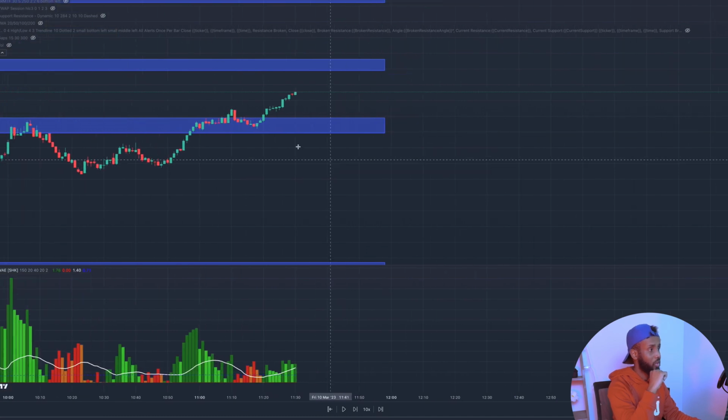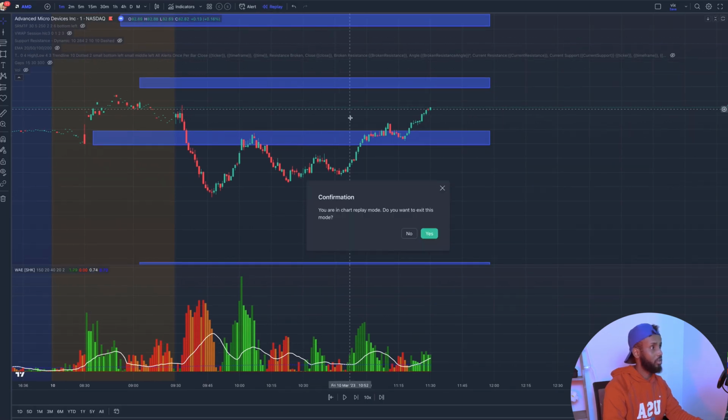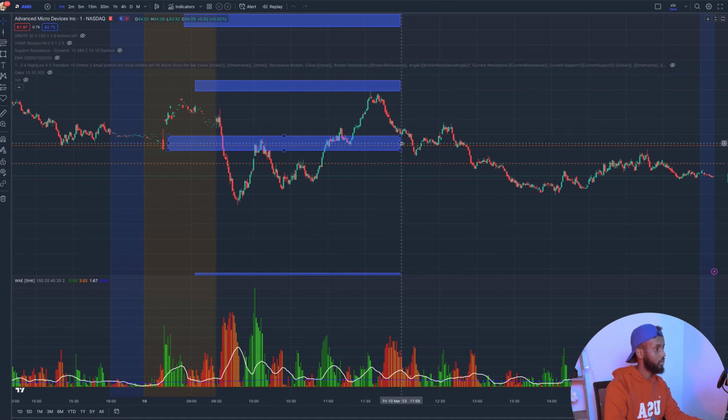And when we reach this zone again, we see there's some consolidation, and it's up to us to be able to read our price action and see what the stock does at the zone. So now we can close this out.